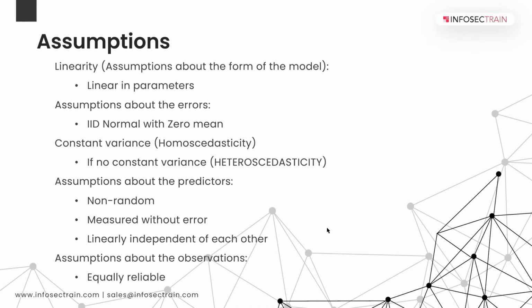And lastly, the assumption about the observations: they are equally reliable. All the data points are random, because I did not create the data points by myself. I got the data from the client, so all the data is equally reliable.